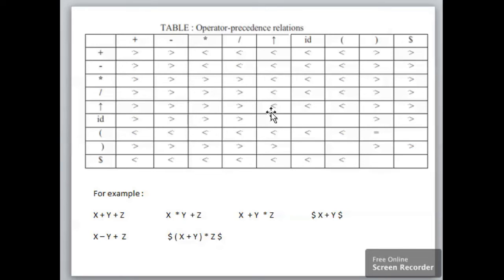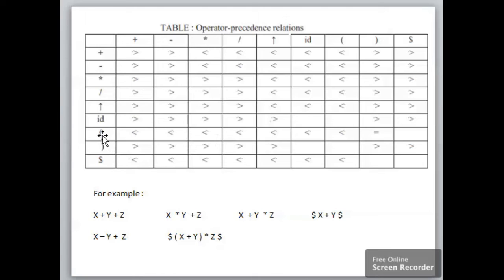At the same time, we need to check that an opening bracket and a closing bracket will be having an equal to sign. For all the remaining operators, we don't have any equal to sign. At the same time, if I get some of the other entries, for example, I am going to take an opening bracket corresponding with another opening bracket, it means that the inner bracket would be solved first. So the inner bracket would be having a higher precedence.